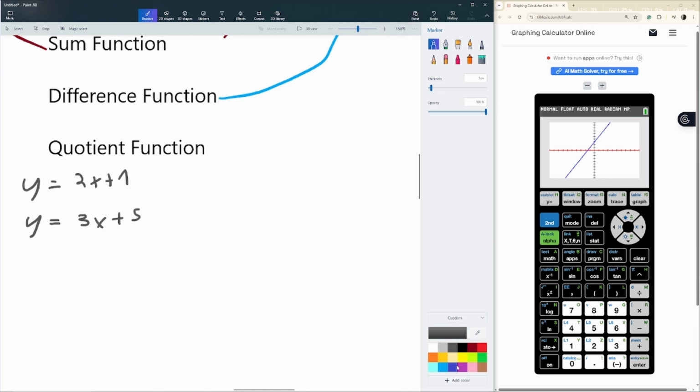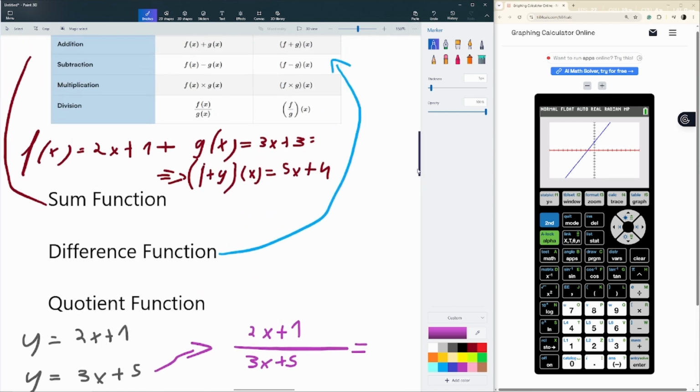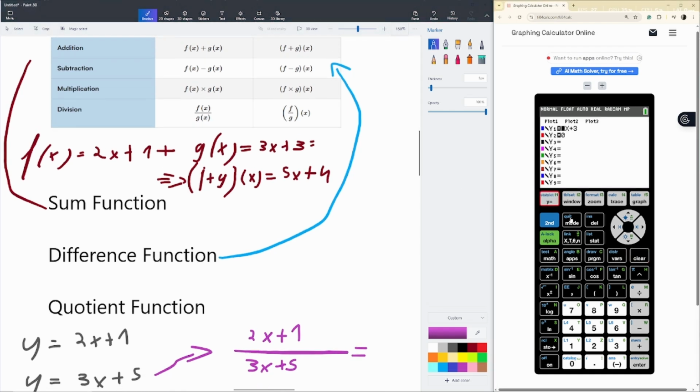Your quotient function is actually quite simple as well. It's just when you divide them, meaning that you get your function to be 2x plus 1 divided by 3x plus 5. And that's how you get your function. However, IB also wants you to know that you can write this out in a different way as well.